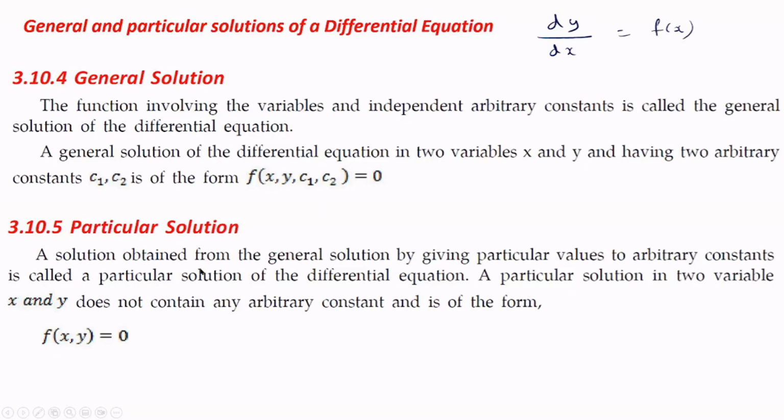So a solution obtained from the general solution by giving particular values to the arbitrary constants is called a particular solution of the differential equation. A particular solution in two variables x and y does not contain any arbitrary constant and it is of the form f of x, y equal to 0. So this is with respect to general solution and particular solution.